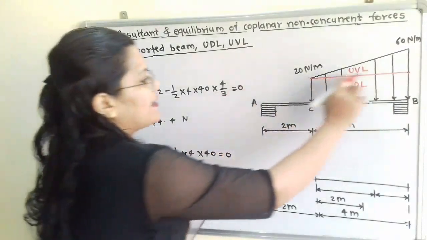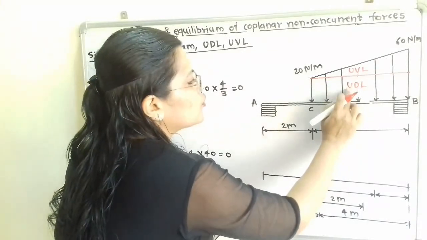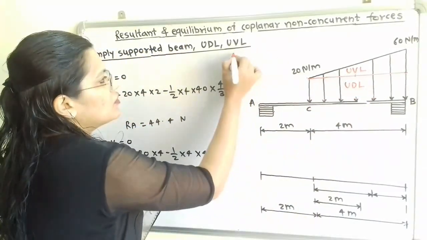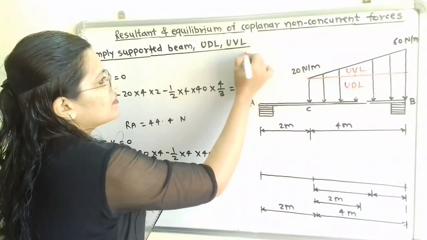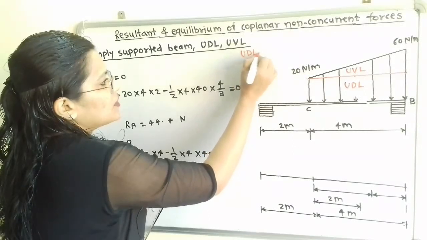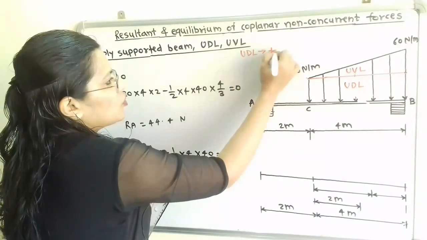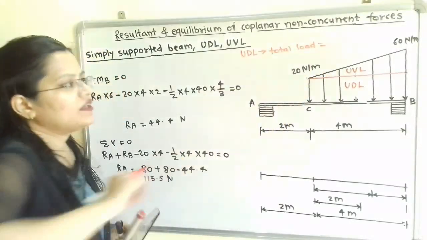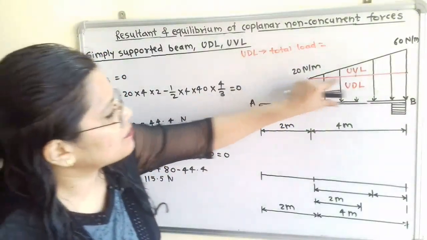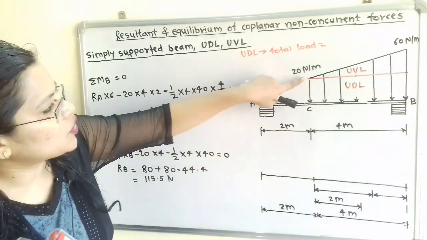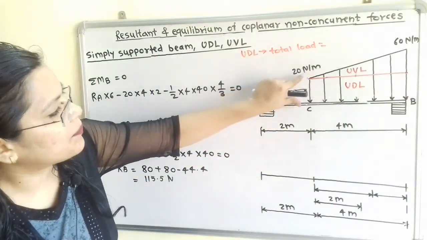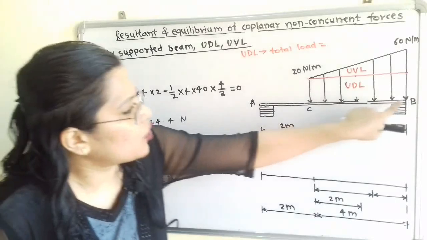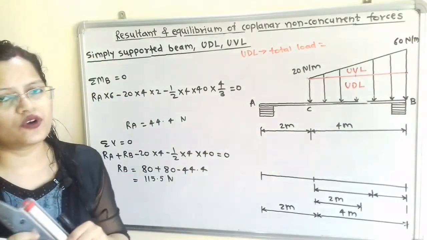Now how to find out the total load for uniformly distributed load? So I will write here uniformly distributed load, total load is equal to, if we observe the section below the red line, the load is 20 Newton per meter, distributed over the length 4 meter.